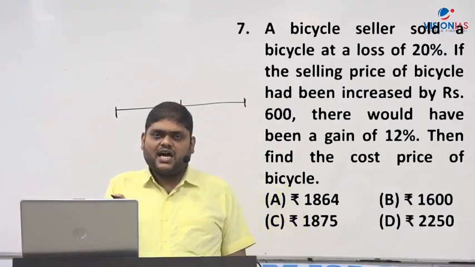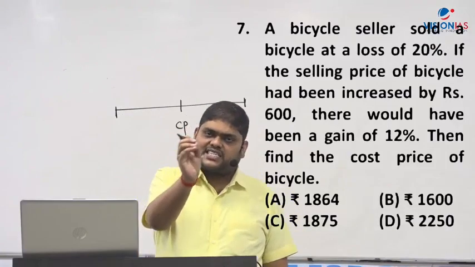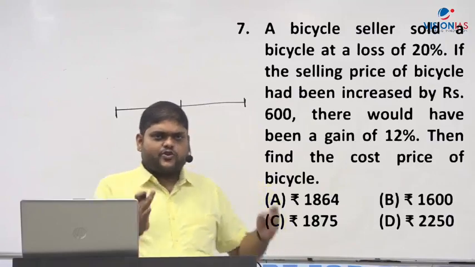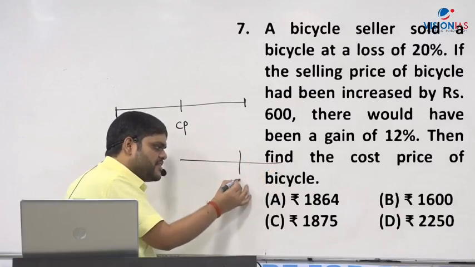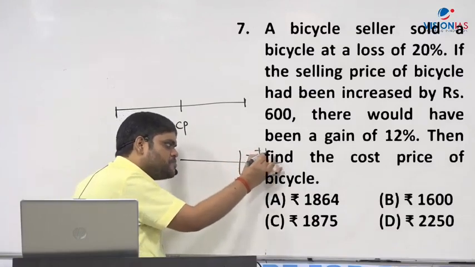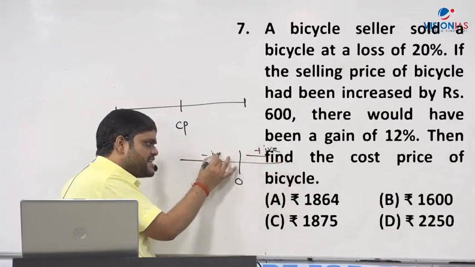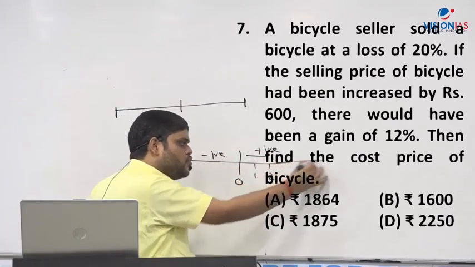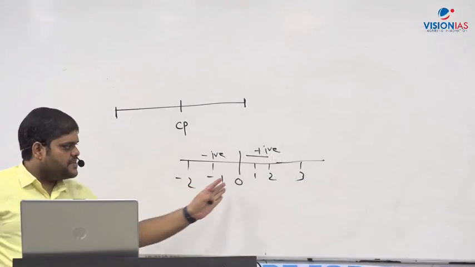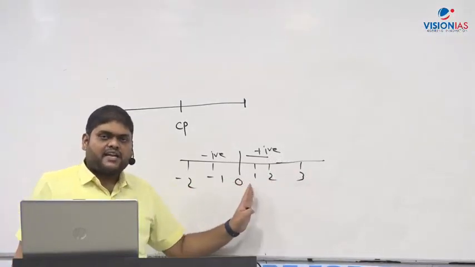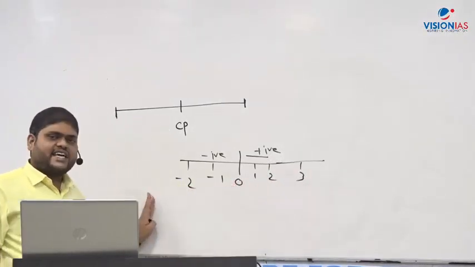That means the selling price will be less than the cost price or not? I think you know the number line. In the number line, if this is 0, this side is positive, this side is negative, that means 1, 2, 3, minus 1, minus 2. If we move on this side, the number increases. If we move on the back side, the number decreases.